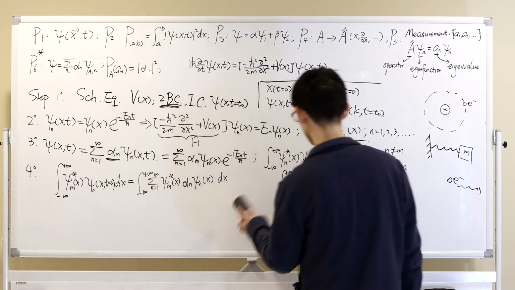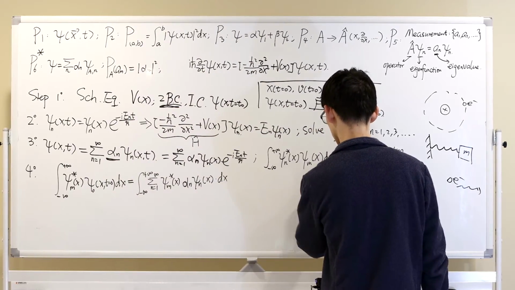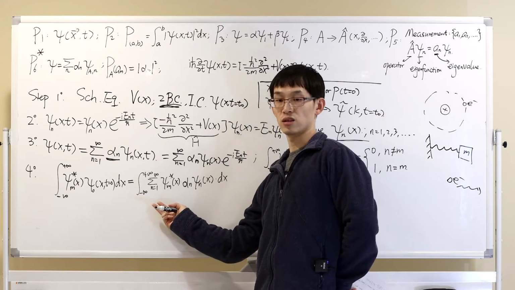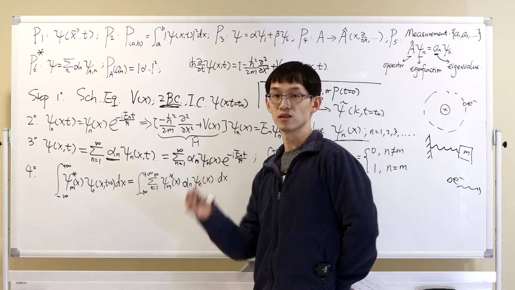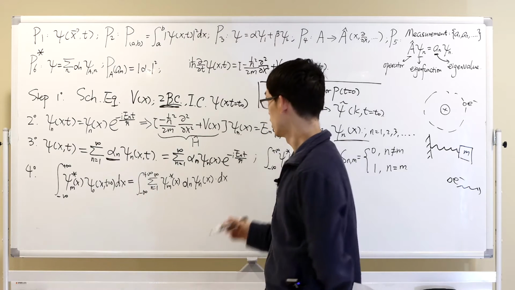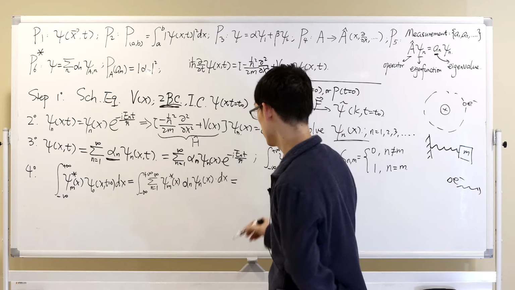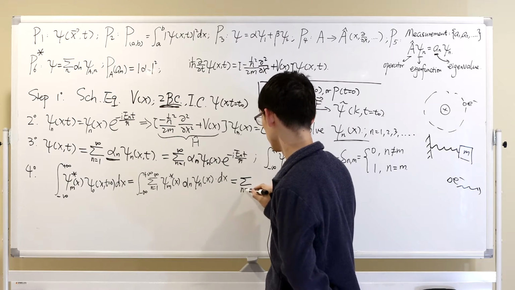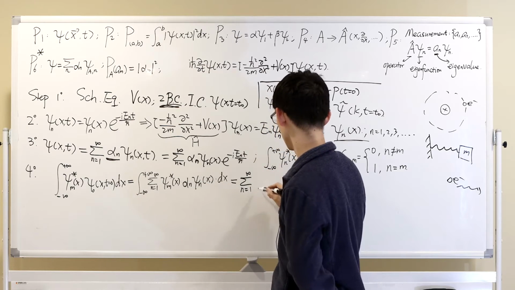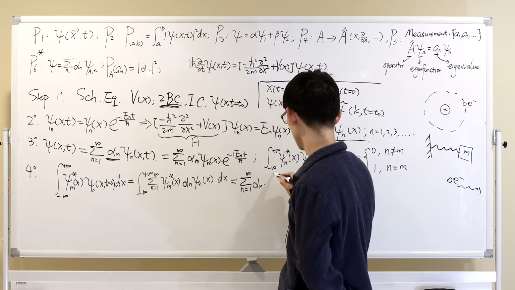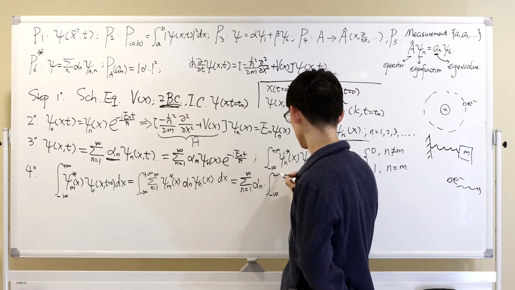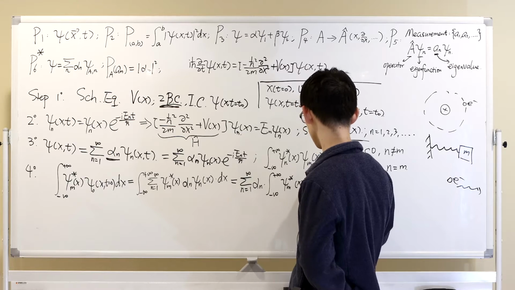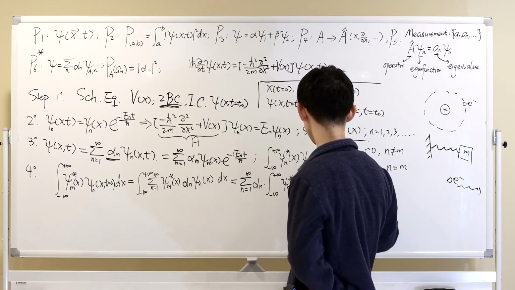Now, we know that you can exchange the order between integral and sum because they're all sums. And then what you can do is get the sum outside, n equals 1 to infinity, and then alpha n, and then you get this integration psi m star x psi n x dx.